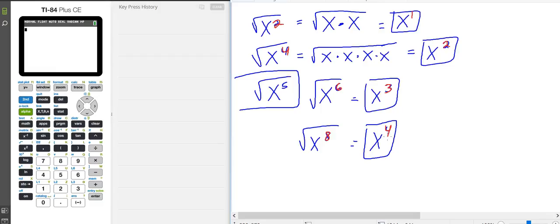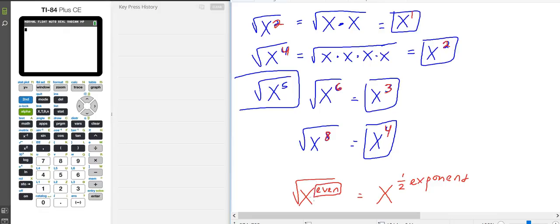So whenever you have some variable, square root of x, square root of y, square root of z, doesn't matter, raised to an even exponent, when you get your answer, it's going to be that base raised to 1/2 of the original exponent. Always. This is only for an even exponent.